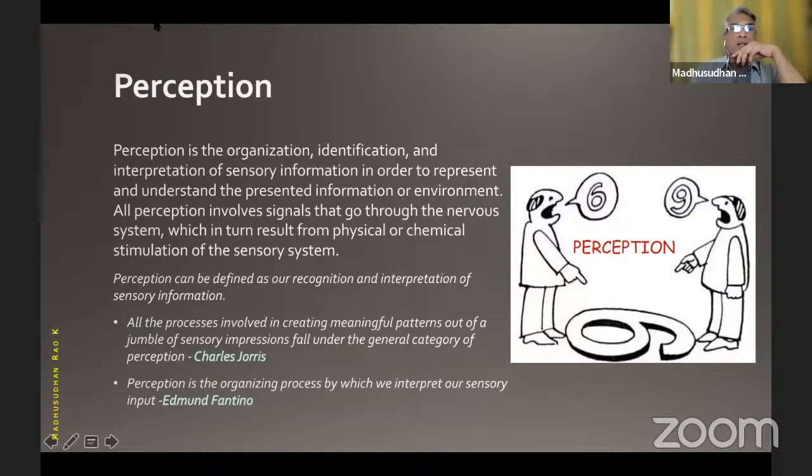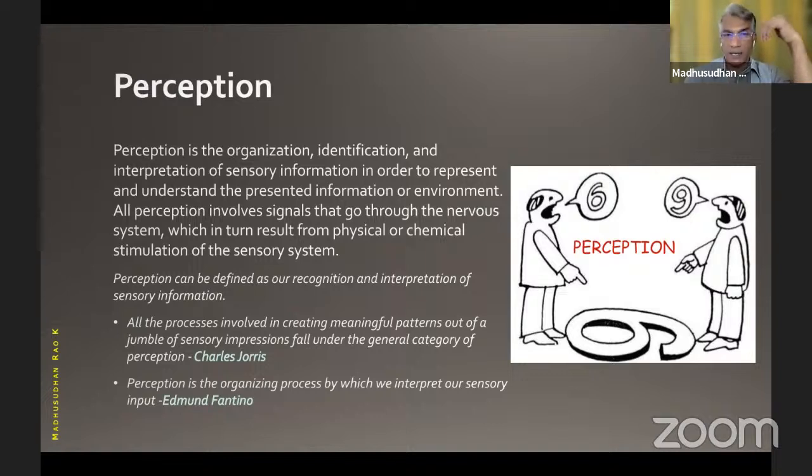Once again, I brought you this image. What is perception? I've given you the entire introduction, how we form perceptions. Perceptions are individual ideas, you can say.